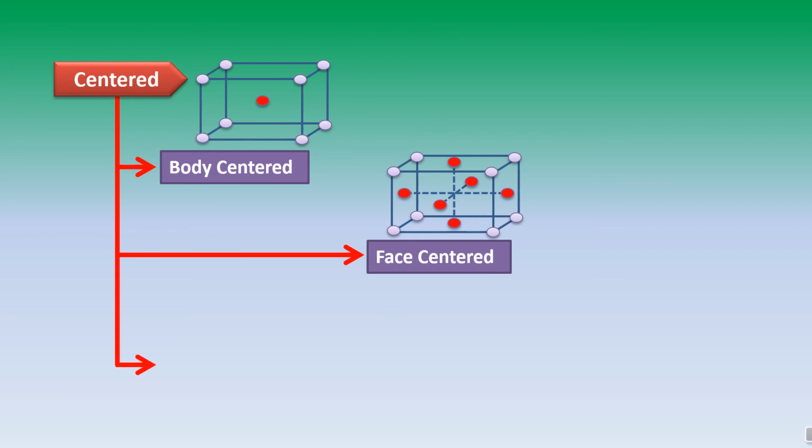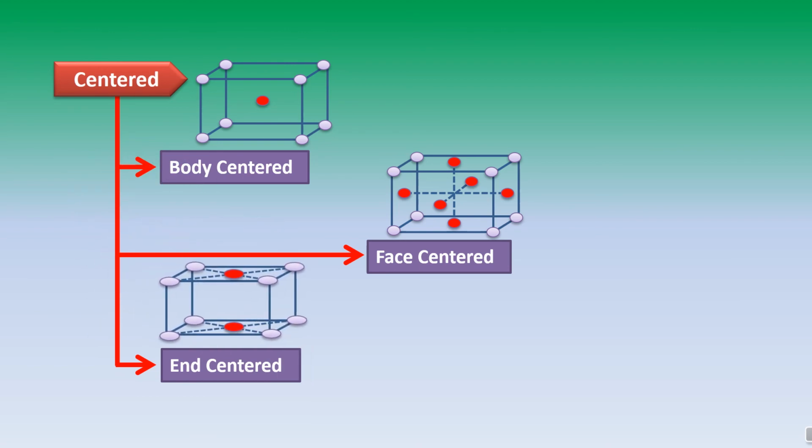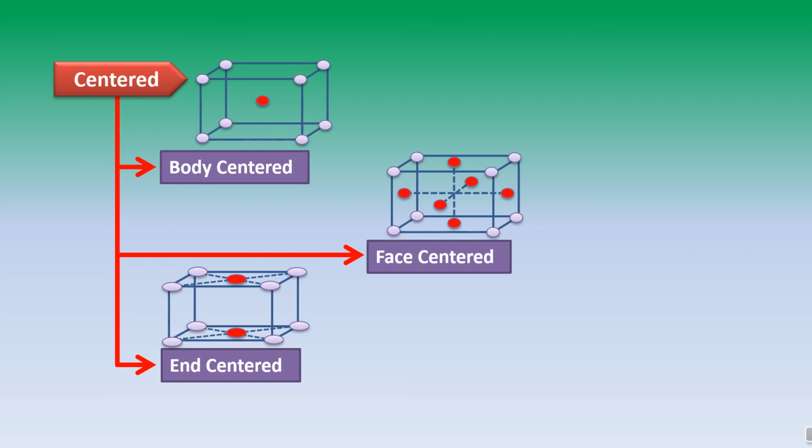Next one is end face centered unit cell. So what is this end face centered unit cell? Here atoms are at the corners. In addition to that, atoms are present at the centered portion of any two opposite faces, and that is called as end face centered unit cell.